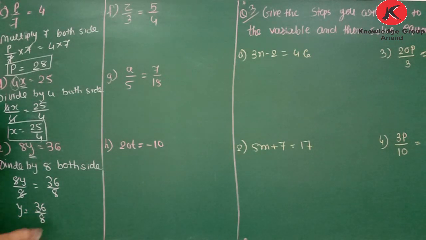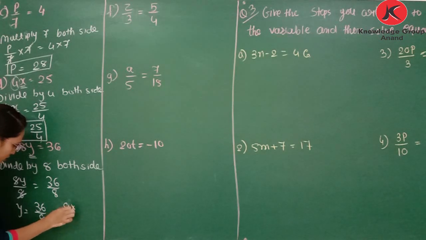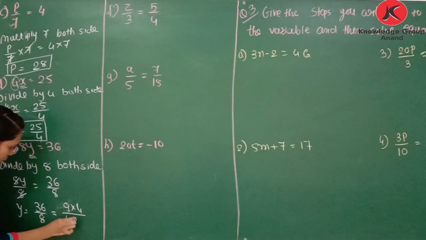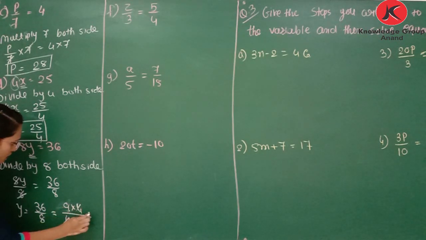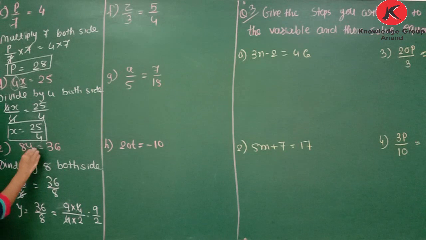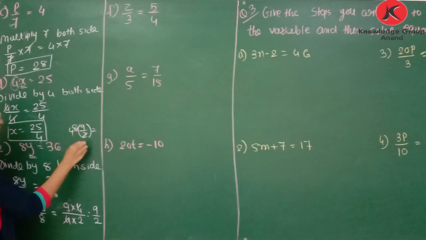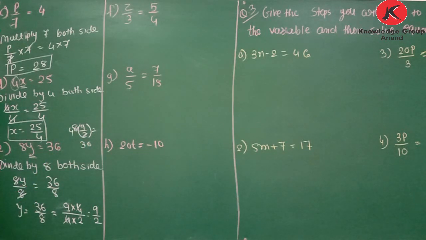You can cut the common factor here. So it is 9 by 2. You can check your answer if you write 9 by 2 here. So you will get 36, means your answer is correct.